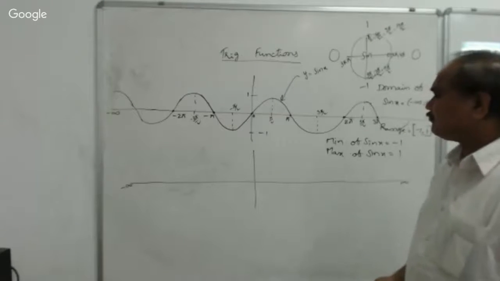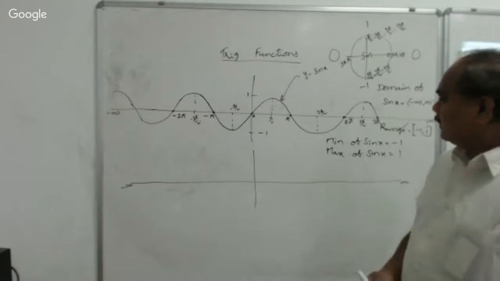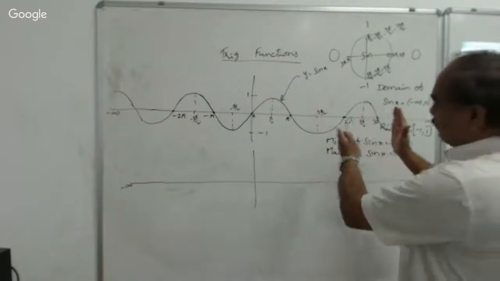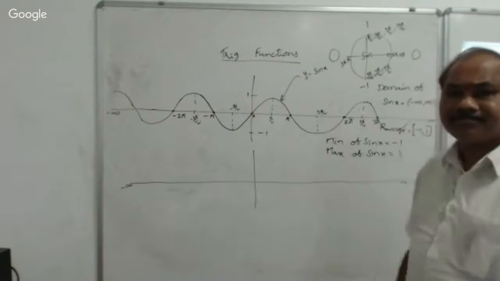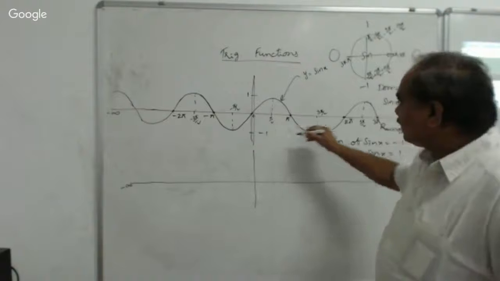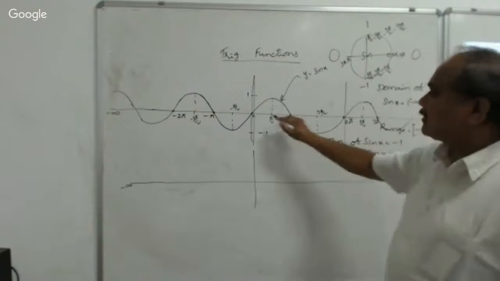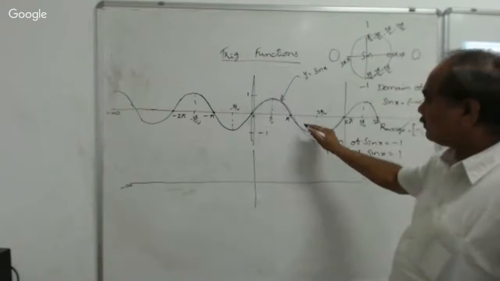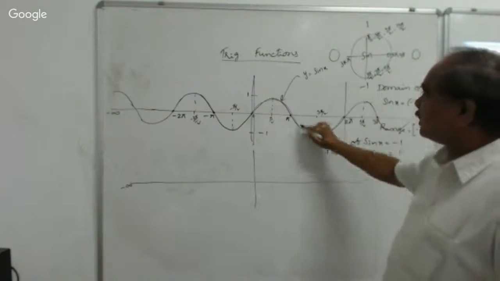Here, by observing this graph, some portion is repeating. Observe it. This much portion is repeating. This one upper curve and another lower curve.